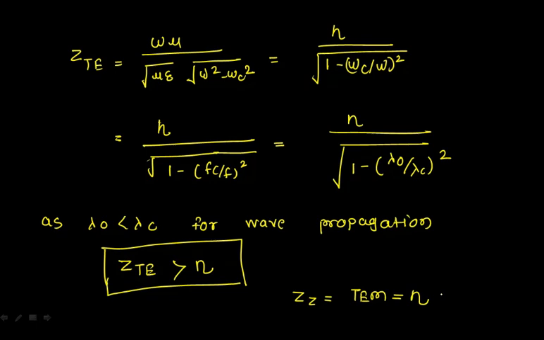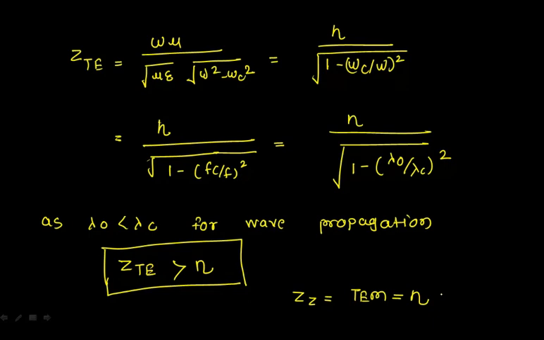Now, when does your TE mode exist, TM mode exist, and when does your TEM mode exist? When you have a return path, that is, in any transmission line there are two conductors, one for the forward path and the other for the return path, like a coaxial cable, where you have two conductors. In that particular case you can say the TEM mode does exist.